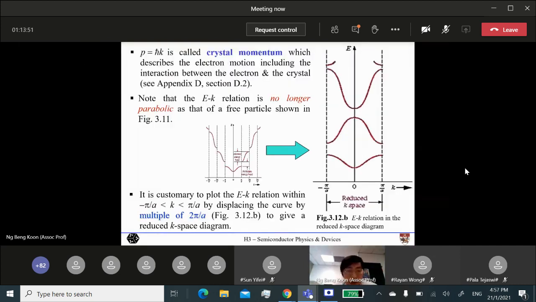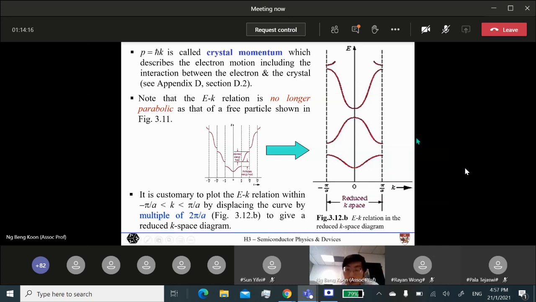So as I was saying, because of the periodic nature of the potential energy in the crystal, it turns out that in this E-k solution, we can actually shift the curve by integer multiples of 2 pi over a, and it doesn't change the behavior. So again, don't worry too much now, just appreciate it.